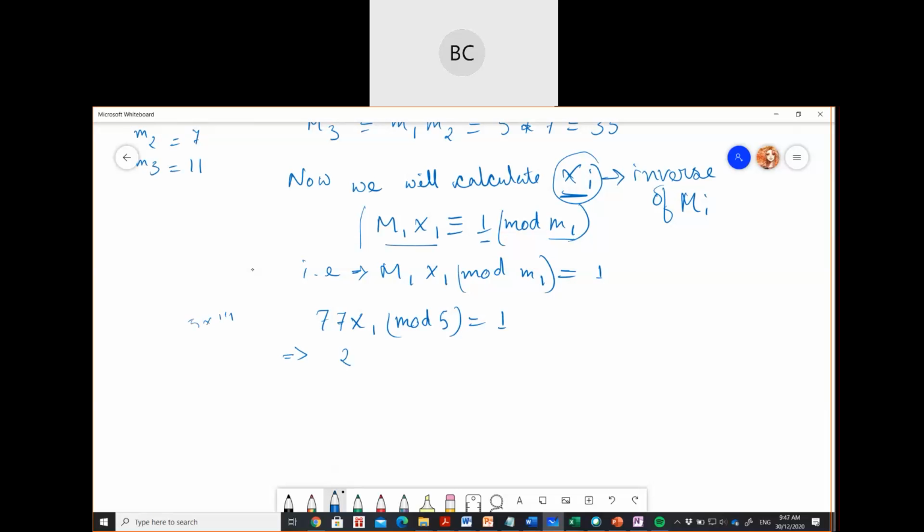Okay, we can just take this one only. So in this case, we can reduce it to 2 x1 mod 5 equal to 1. We just reduced the value. After that, we can find x1 equal to 3.